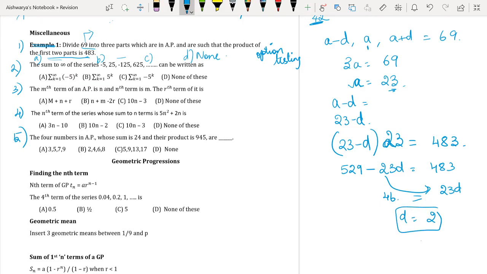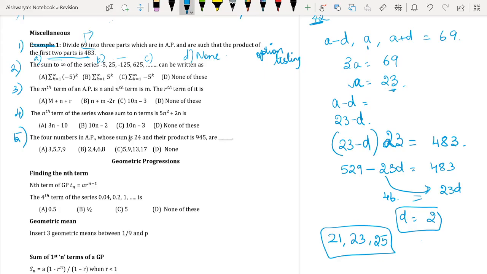Now that you've got the value of d, your previous term will be 21, 23 and the next term becomes 25. This is how you get the answer when you solve it. Are we clear? But the best thing to do for these kind of questions is option testing, because all of you have a calculator handy.